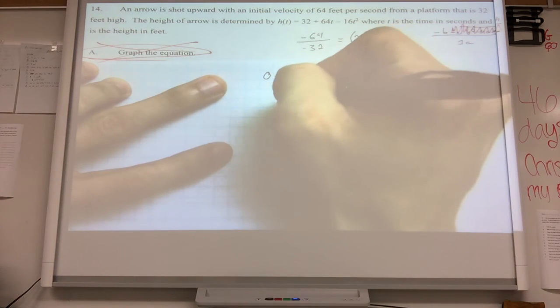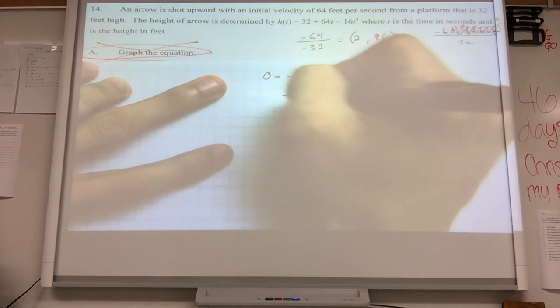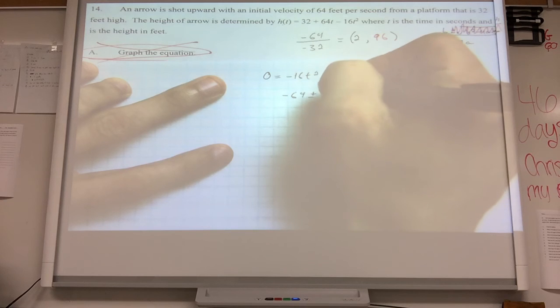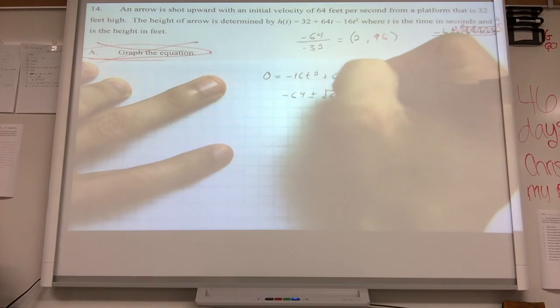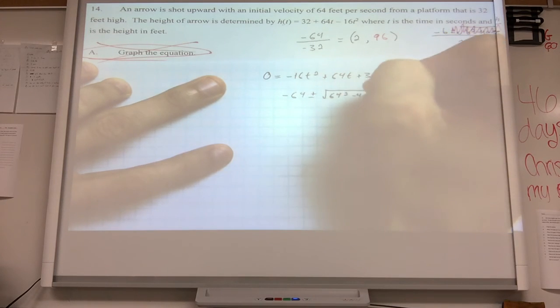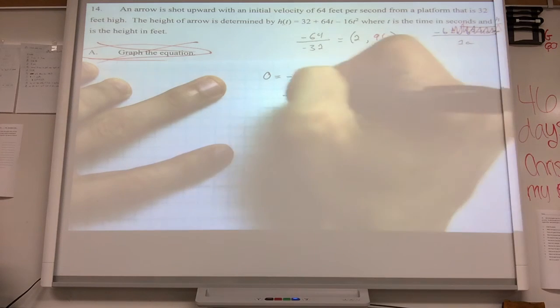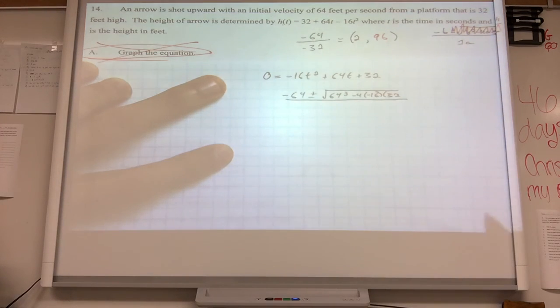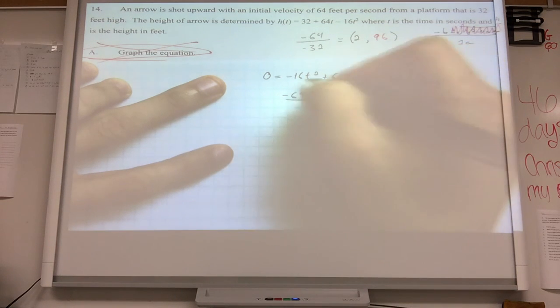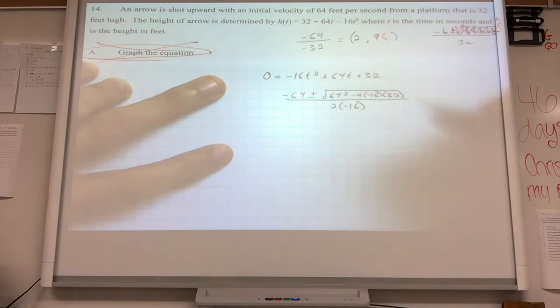So now I'm just plugging it in. Negative b plus or minus the square root of b squared minus 4 times a times c, all of it over 2 times a. So negative 32.